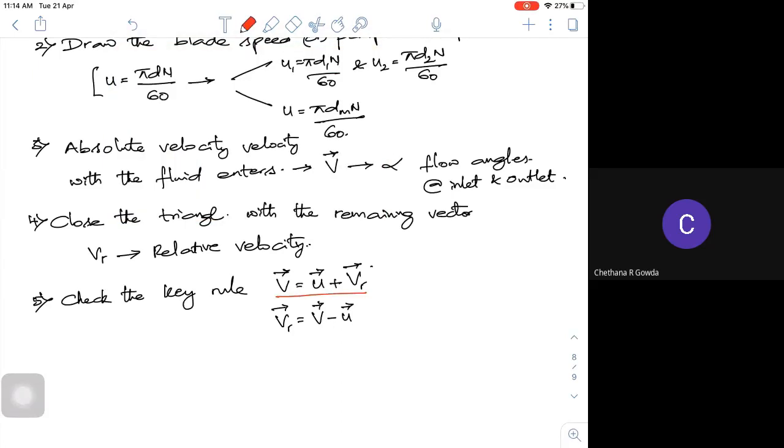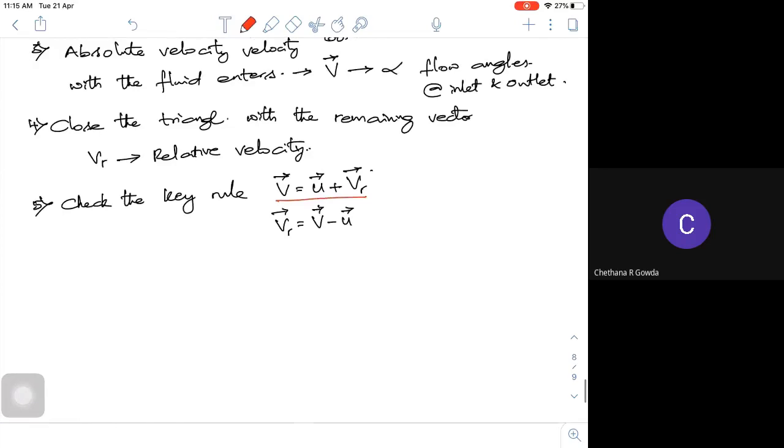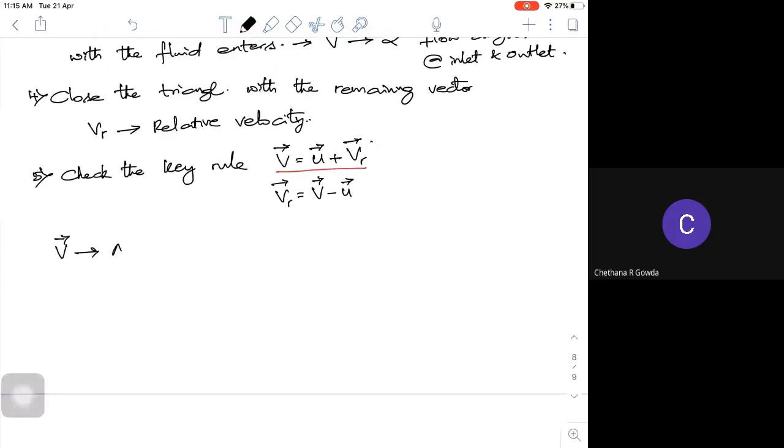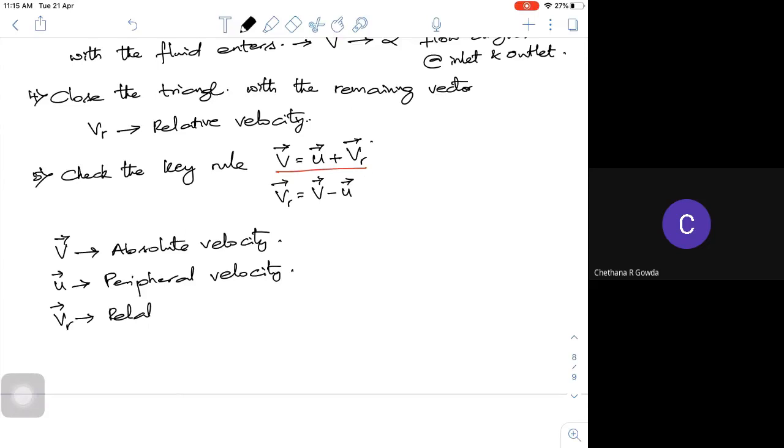Fine. So if you try to follow this, what are the three components of velocities which are required for us? We need V, which is my absolute velocity, and I have my U, which is my peripheral velocity, and I have my VR, which is my relative velocity.